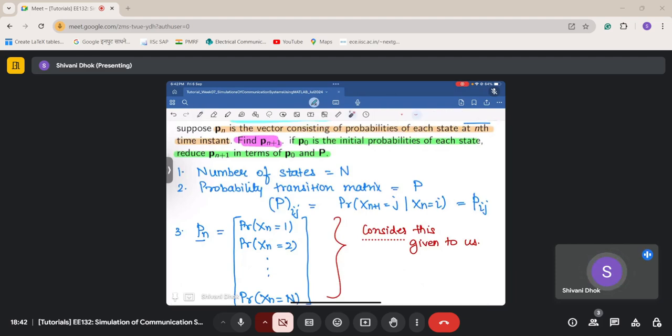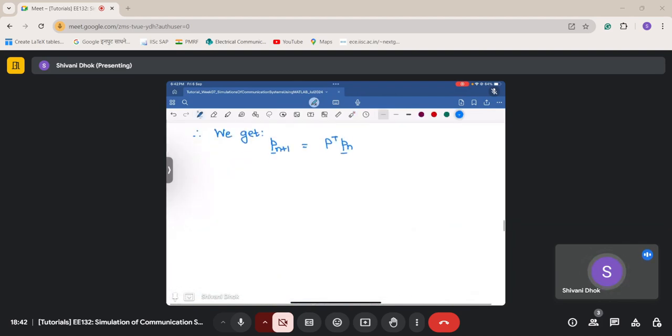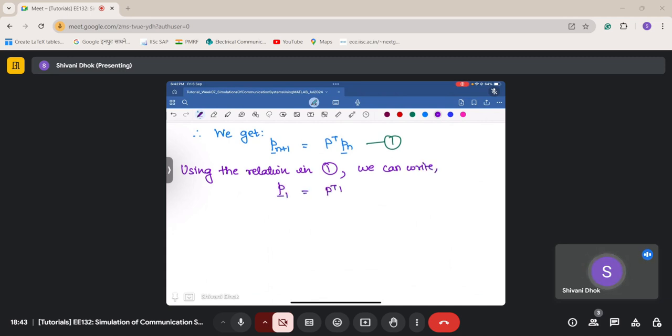It says that if P0 is the initial probabilities of each state, the prior probabilities, then express pn plus 1 in terms of P0. So from this recurrence relation, we can write P1 as P transpose P0.